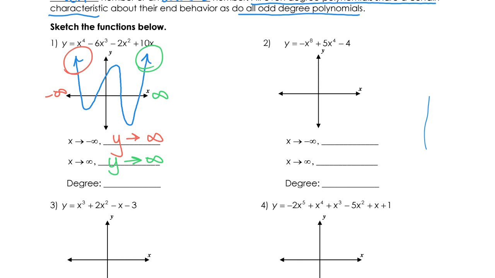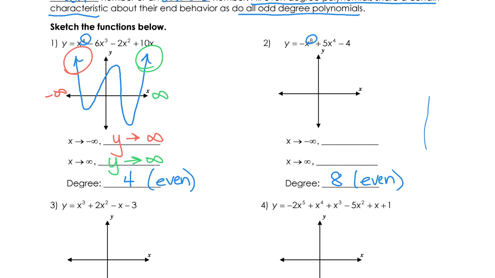Okay. The degree of our polynomial is the highest exponent, which is 4, and that is considered an even number, and therefore this is an even degree polynomial. Okay, and we don't know the characteristic yet of evens, but if we look at another even one, like in number 2, and this is also an even degree because the highest exponent is 8, and so the degree is 8, which is also an even number, and we're going to see if there is a characteristic that we can figure out.